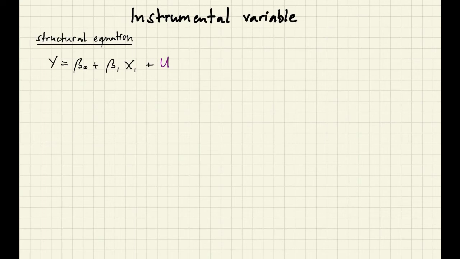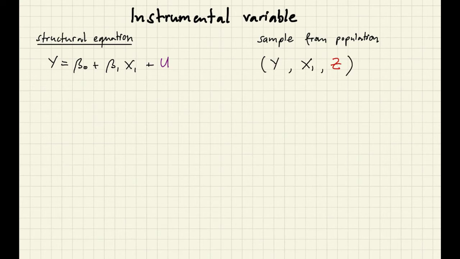We assume that we can sample from a population that consists of the outcome, the variable of interest x1, and a third variable, z.